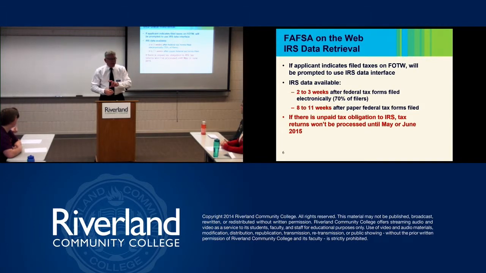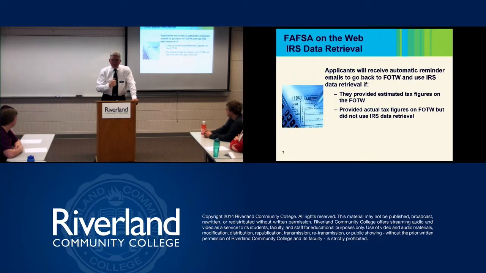So you file your taxes, 2 to 3 weeks later, you would go to FAFSA.gov, start your application for financial aid, then you'll be asked, do you want to do data retrieval? And by answering that question, yes, the tax data from your 1040 forms will automatically load onto that FAFSA form, both for the parent and for the college student. And if they're independent, it would just be the college student's tax information.